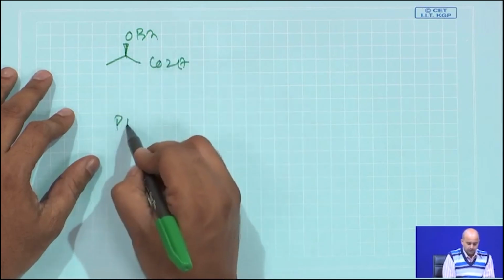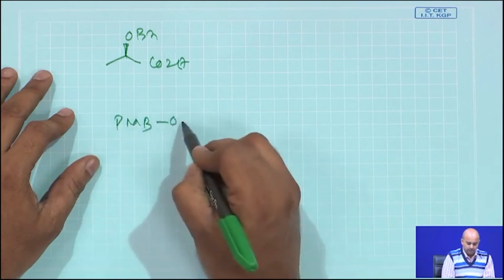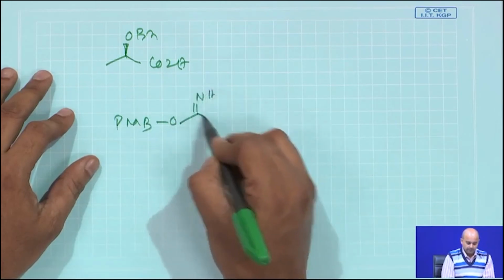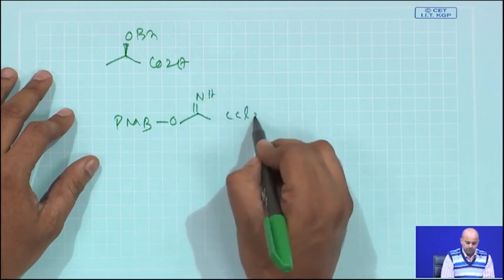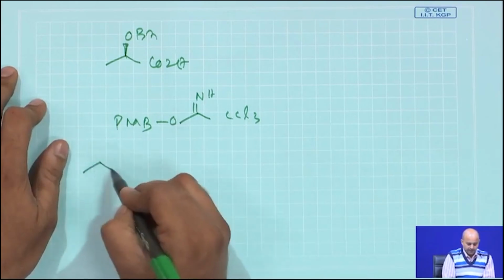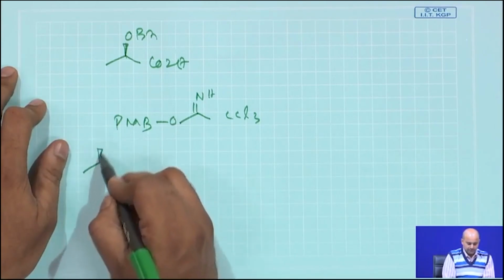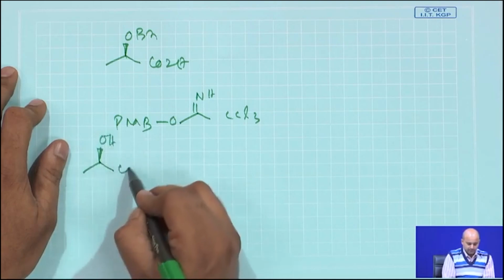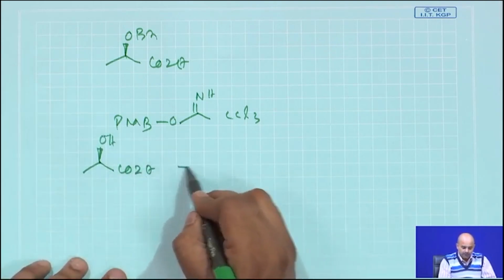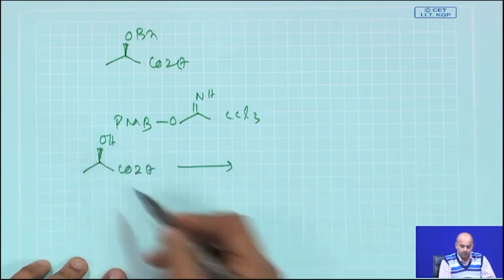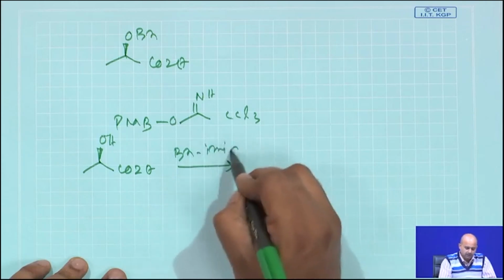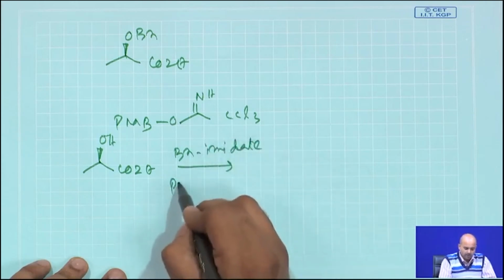Similarly, you can also create PMB imidate, whose structure is similar to this. So, if we have to tackle issues wherever you have an acidic hydrogen, which is mainly possible if you have an electron withdrawing group, then you can easily protect this hydroxy group as the benzyl or PMB ether by using benzyl imidate or PMB imidate.